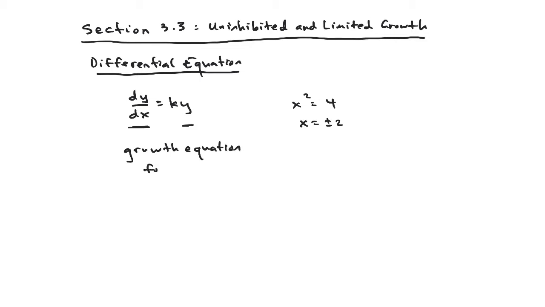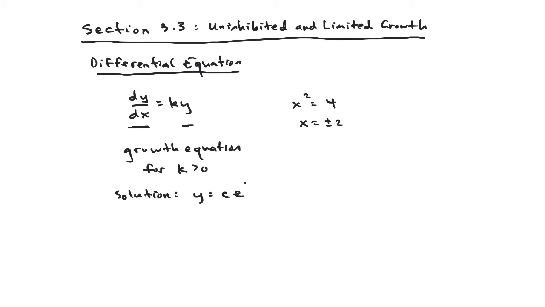What we're going to see is that the solution to this equation is a function. When we have dy dx is equal to k times y, the solution is going to be y is equal to c times e to the kx.